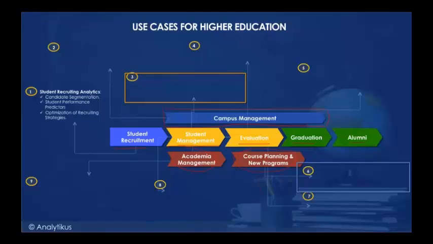Okay, so student recruiting analytics. Basically, you help the institution optimize its recruitment efforts. How do you do that? Well, there are several approaches. One of them is through marketing optimization. So what are the marketing dollars that are converting prospective students into students most effectively?